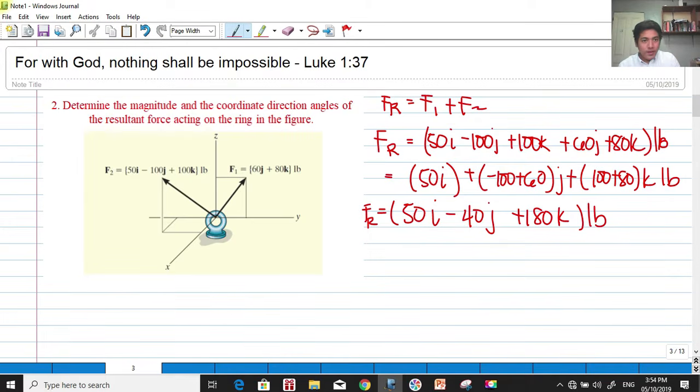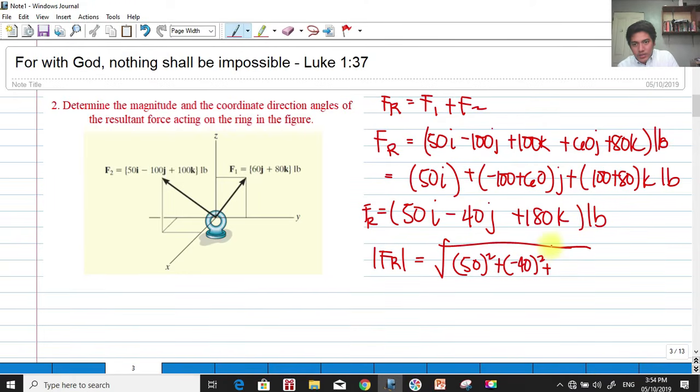And if we are going to get the magnitude of Fr, it is simply the square root of 50 squared plus negative 40 squared plus 180 squared. And if we get that, that is 191.0 pounds. So in other words, 191 pounds is the magnitude of the resultant force.